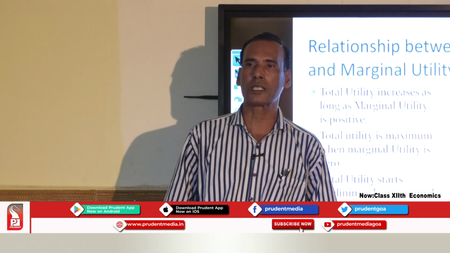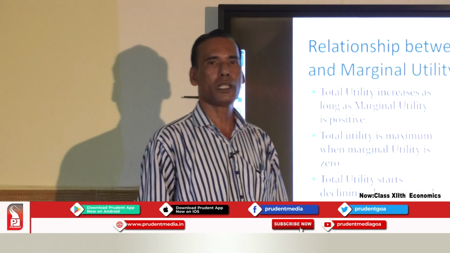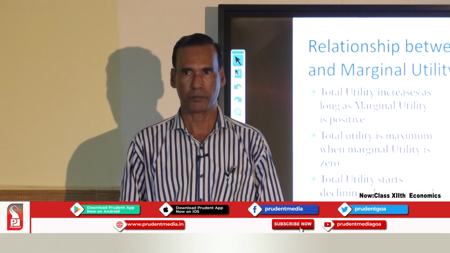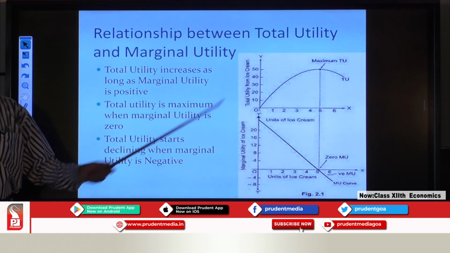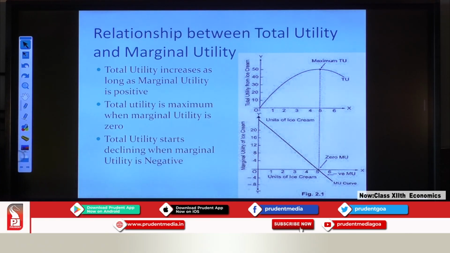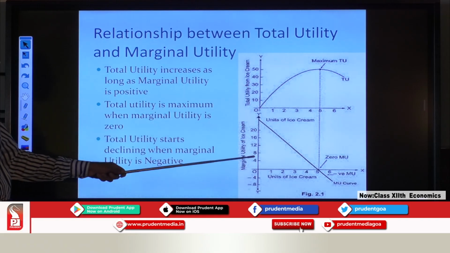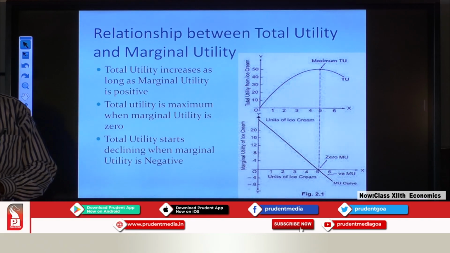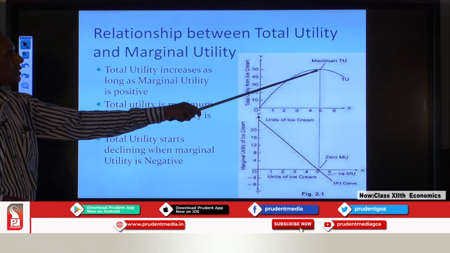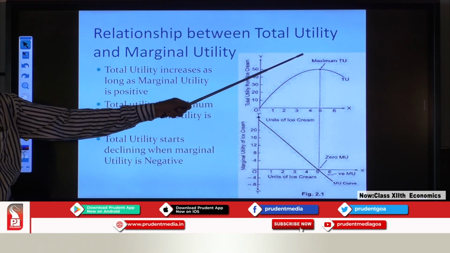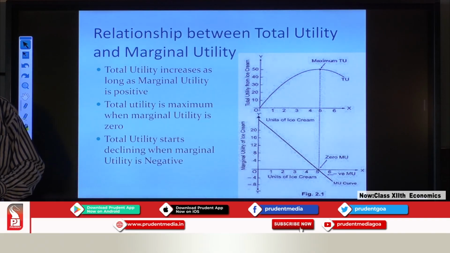Now, let us see the relationship between total utility and marginal utility. Here you need to take note. The first thing that you should know about total utility and marginal utility: as the total utility goes on increasing, marginal utility is positive. When total utility reaches the maximum point or maximum level, marginal utility becomes 0.